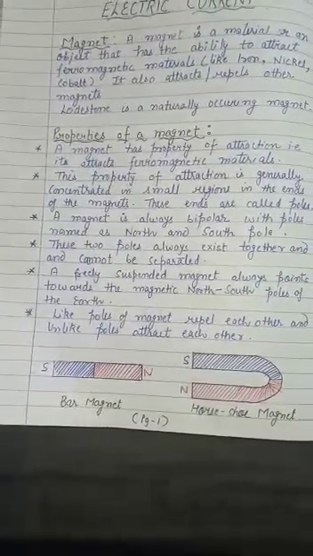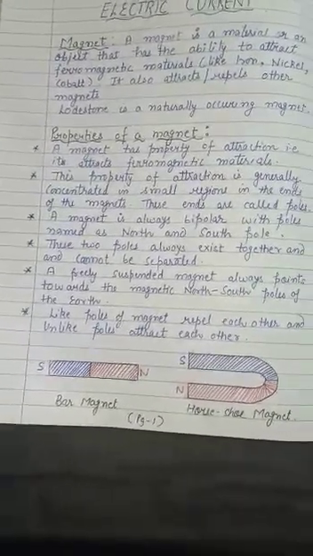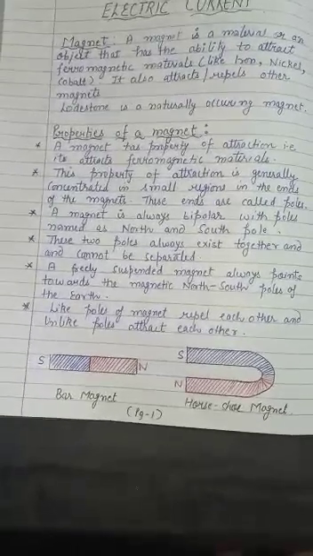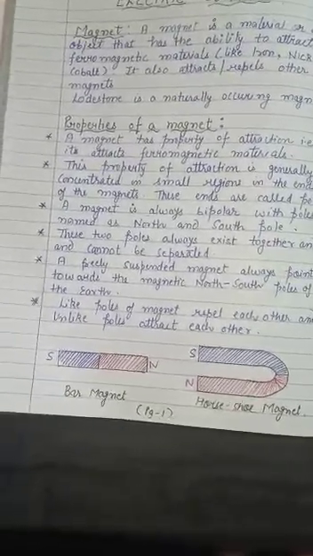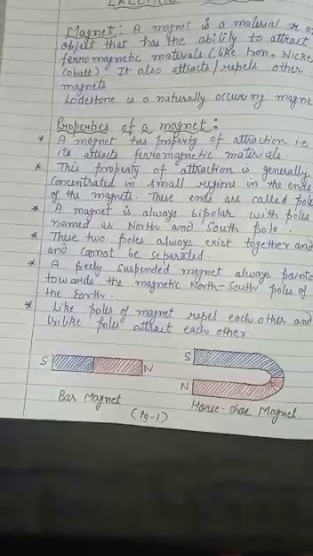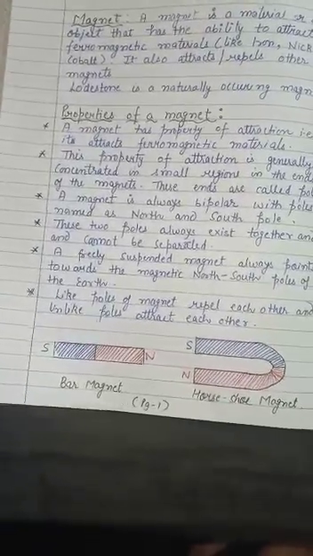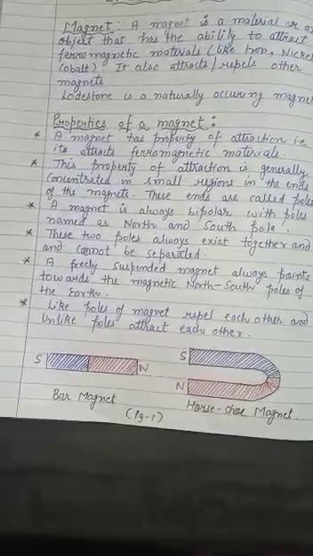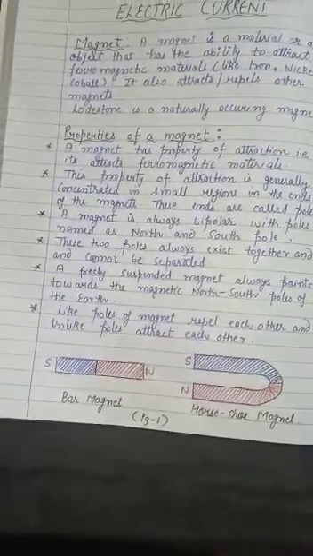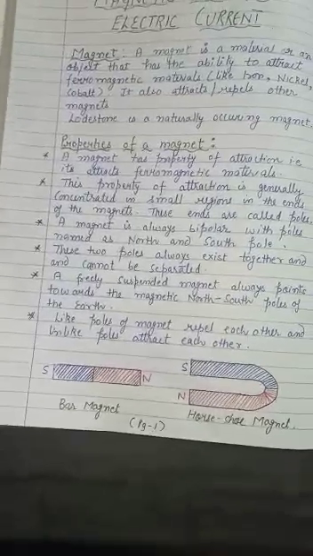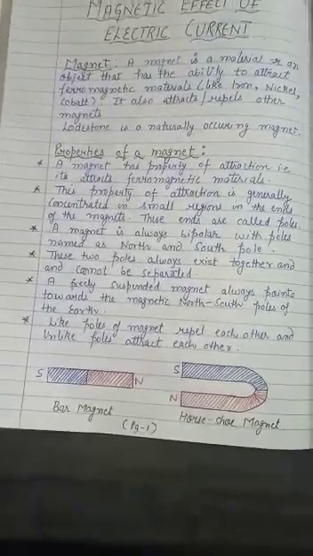Students, if I suspend a magnet freely, I will observe that a freely suspended magnet will point towards the magnetic north-south of the earth. Students, there is a difference between geographic north-south and magnetic north-south. The geographic axis and magnetic axis of the earth are inclined to each other.